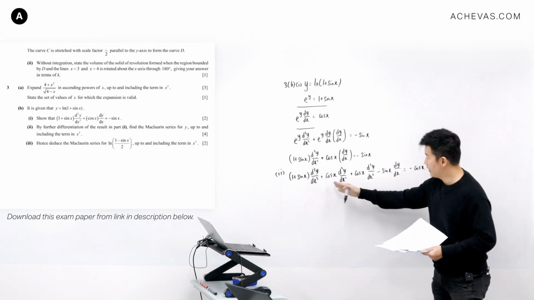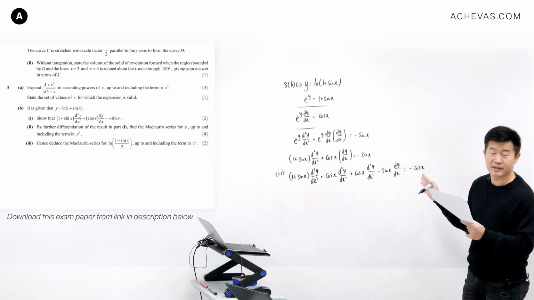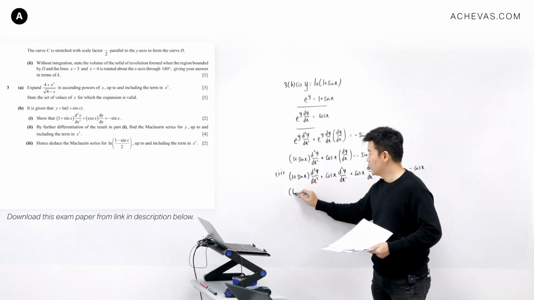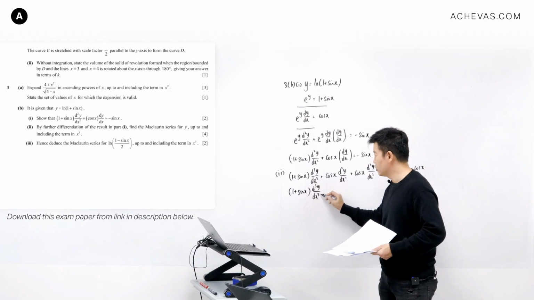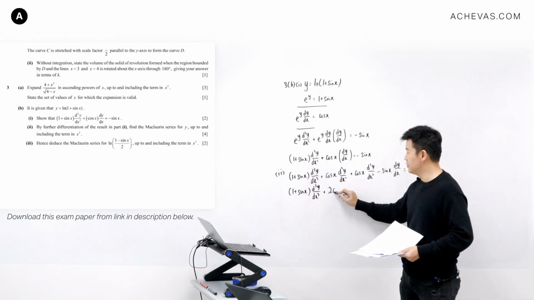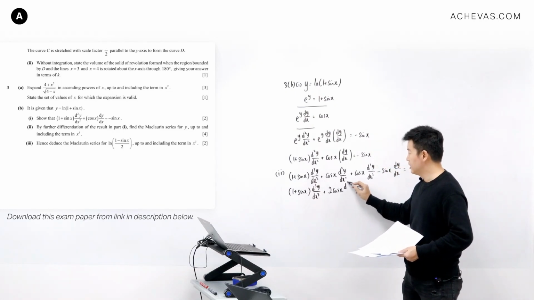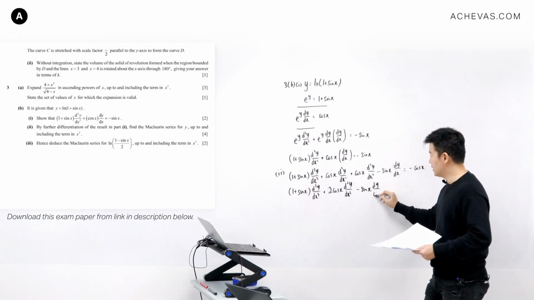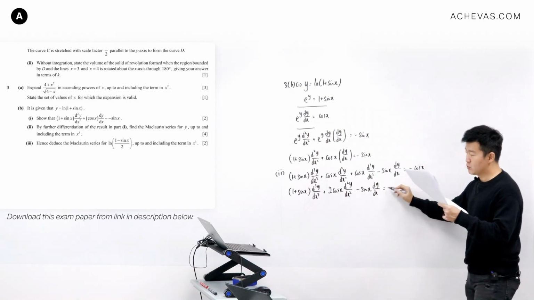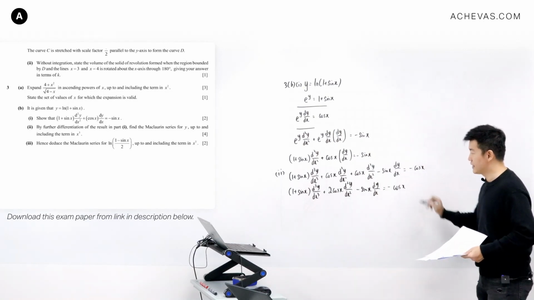We can combine these two together. So let me just do a quick simplification to this. This is 1 plus sine x d cube y dx cube plus 2 times cosine x d square y dx square minus sine x dy dx. This is equal to minus cosine x.